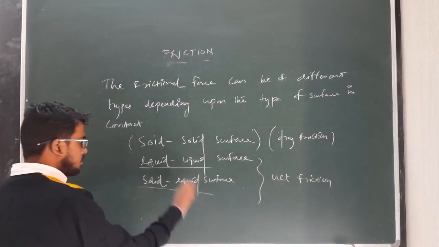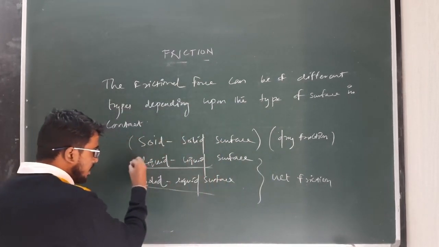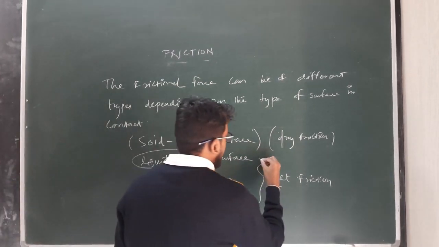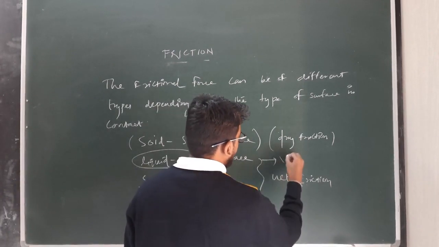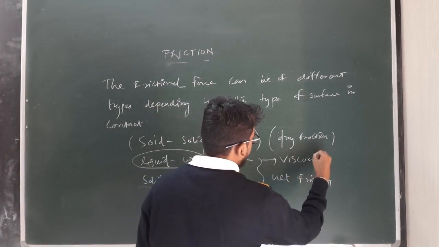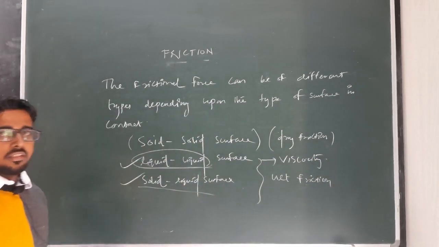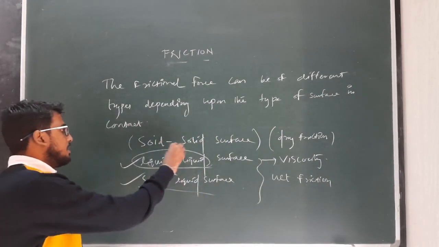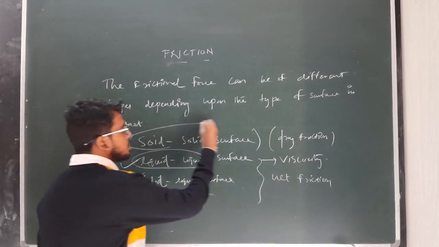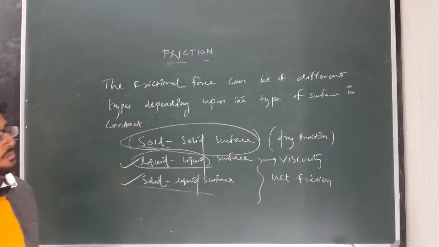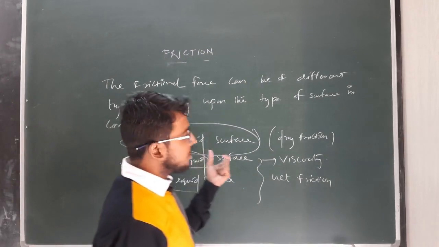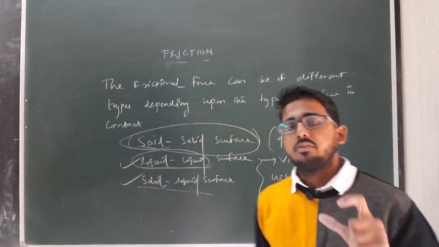And the frictional force which exists between liquid surface is generally known as viscosity. We will discuss these two cases in later classes, but in this lecture we are only concentrating on the type of friction which exists between two solid surfaces.